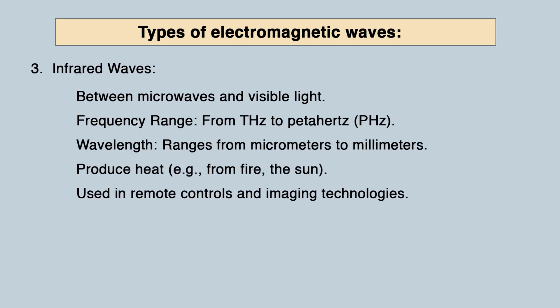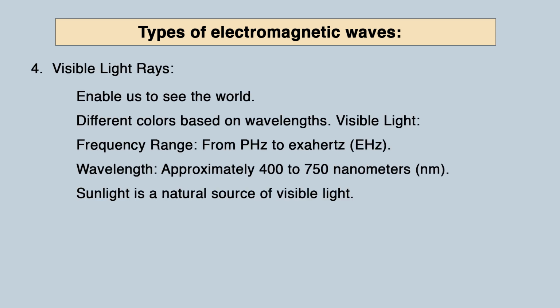Infrared waves. Between the microwaves and visible light, the frequency exists. That frequency range is terahertz to petahertz, with wavelength micrometers to millimeters. Produces heat, used in remote controls and imaging technology. Next is the visible light range.